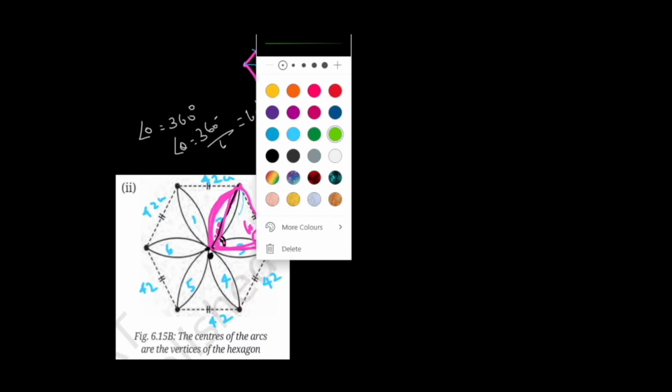For each side of a petal we can get an equilateral triangle. This pink color is one petal and the next side another. So for one petal, two pairs are there. Like that, 6 petals are there. So 12 pairs are there.